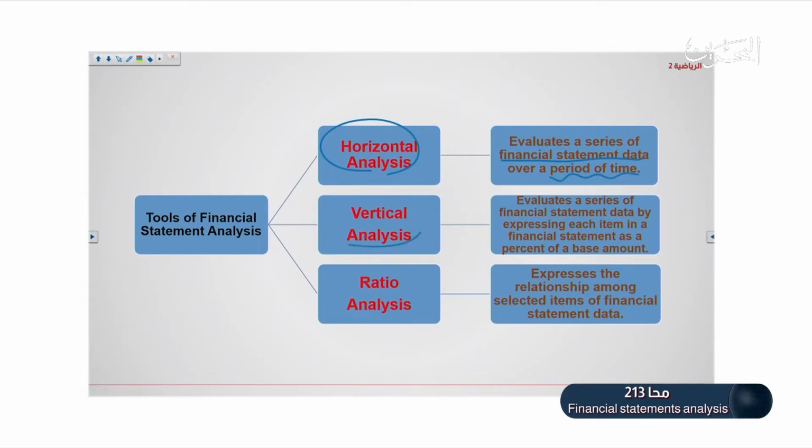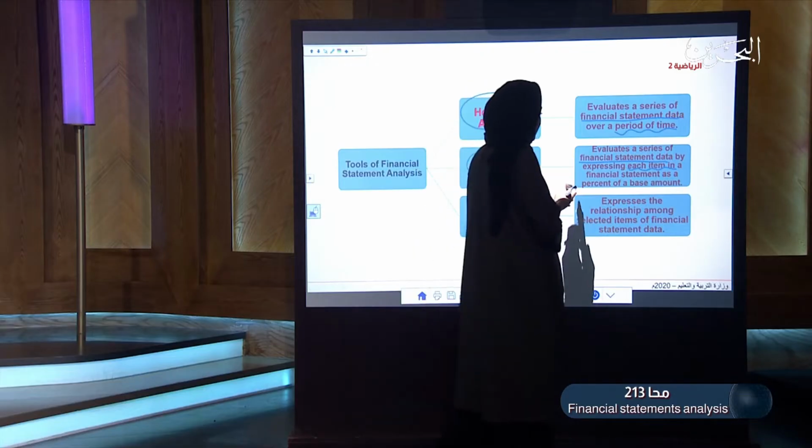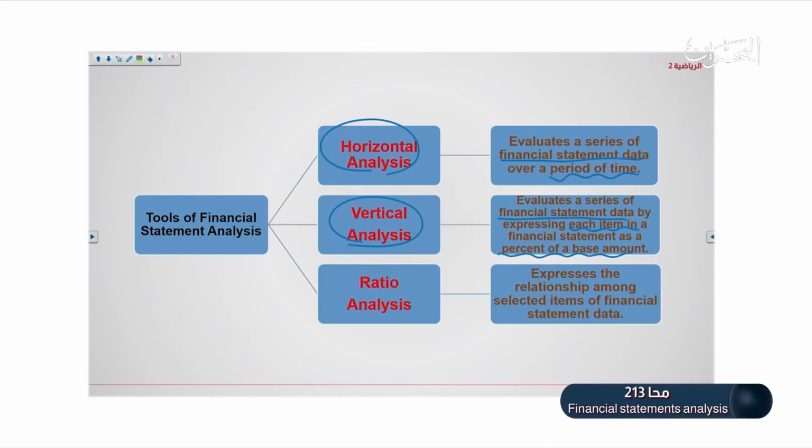In vertical analysis, we will evaluate a series of financial statement data by expressing each item in a financial statement as a percent of a base amount. In the ratio analysis, that will not be covered in this lesson, we will express the relationship among selected items of financial statements.